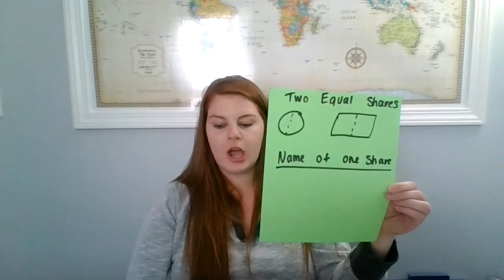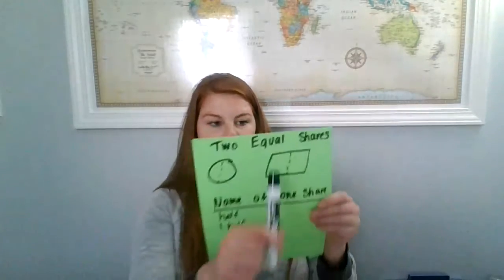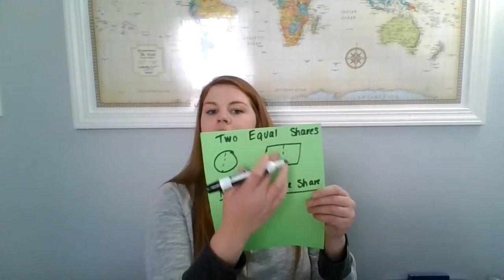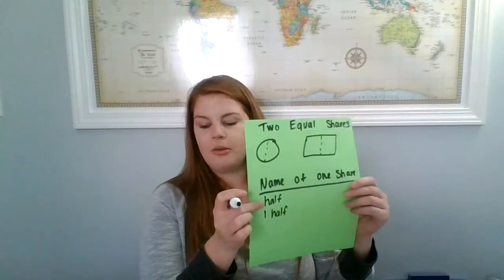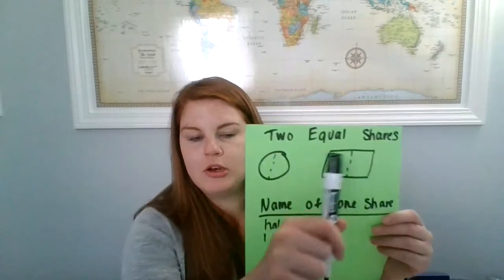So when you chop it, I've already said one of the words, which is half. You're chopping it in half. When there's two shares, it's half. And you've heard that word before. So you could call it half or 1/2. Remember, this is just talking about the one side. So if I say half, I'm talking about this part. I'm not talking about the whole thing. So there could be a half, a 1/2. Or how many parts do you see when you chop these up?